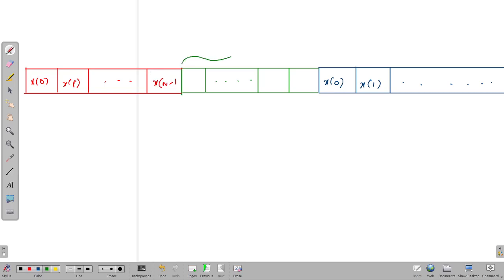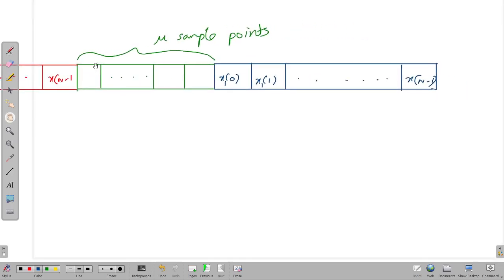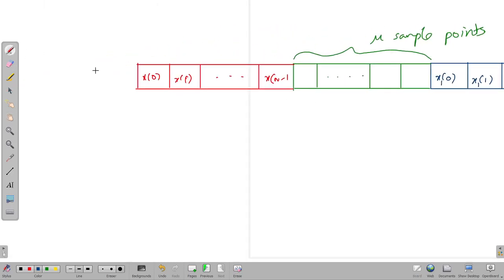Here you have mu sample points. This is block number 1, so I denote it by subscript 1. This is block number 0, which is the previous block.